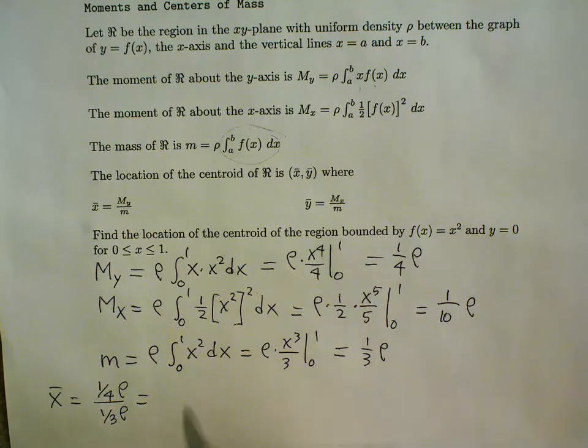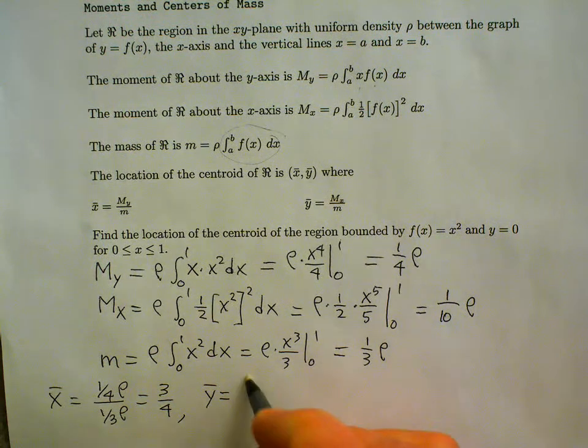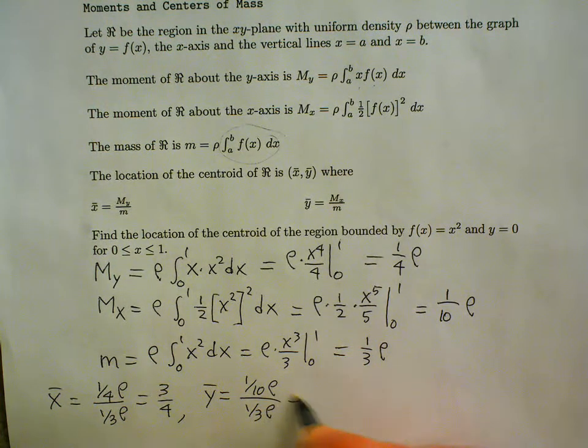And that simplifies to 3/4. And then the y-coordinate is the moment about the x-axis, 1/10 times rho, divided by the mass, 1/3 times rho. And that simplifies to 3/10.